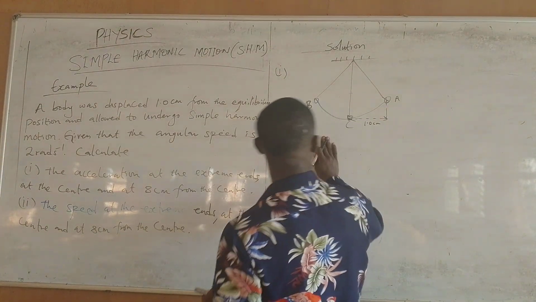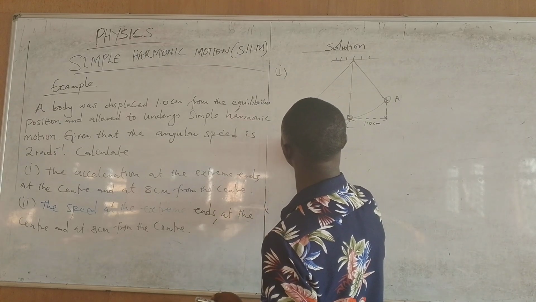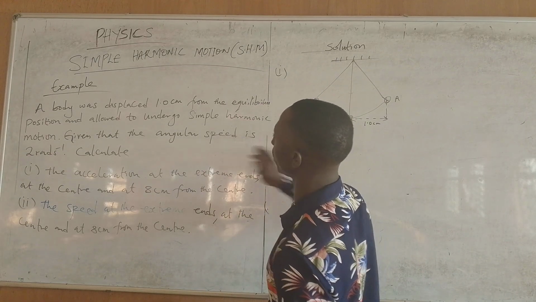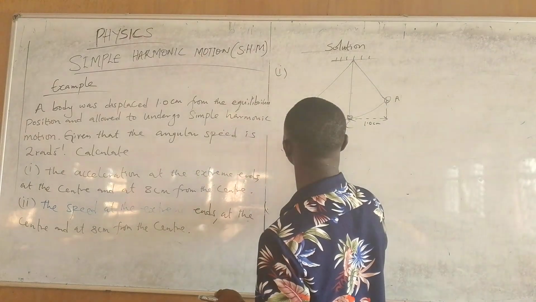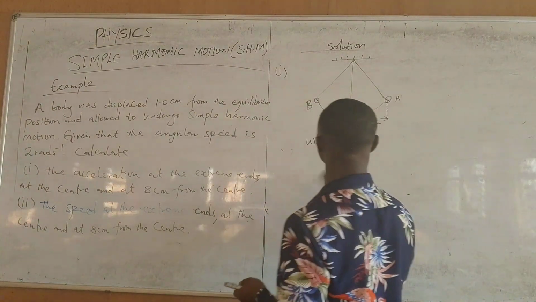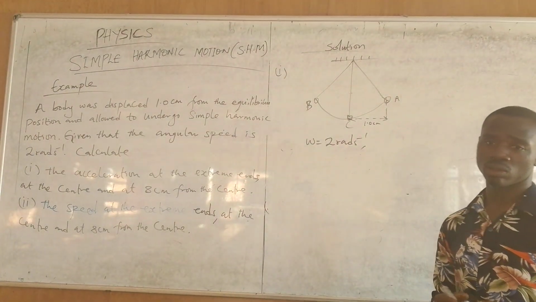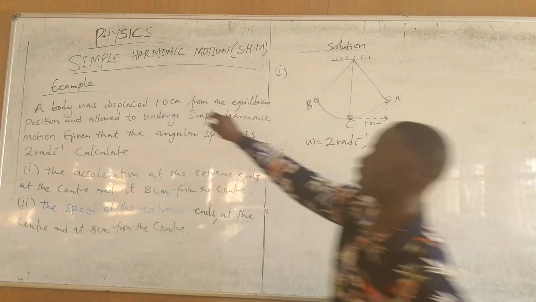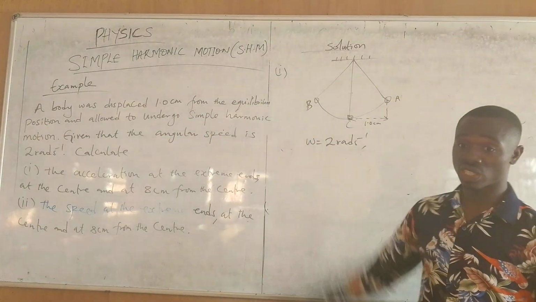Okay. Now, who can tell us what we are going to do? Let's interpret what we have first. We have angular speed, which is omega, isn't it? 2 radians per second. Now, who can tell us what this 1 centimeter represents? A body was displaced 1.0 centimeter from the equilibrium position and released, isn't it?